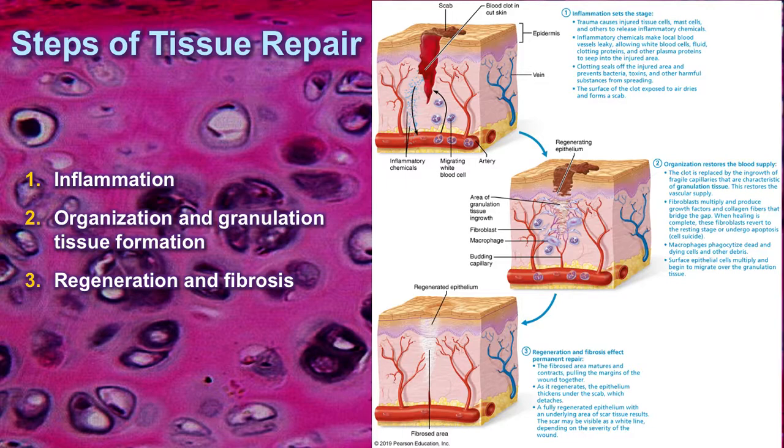So what you end up forming is a fibrosis or scar tissue. Okay, so there's a bunch of collagen fibers there. It's really strong. It holds the wound in place, but it's not nearly as flexible as the original tissue was to start with.